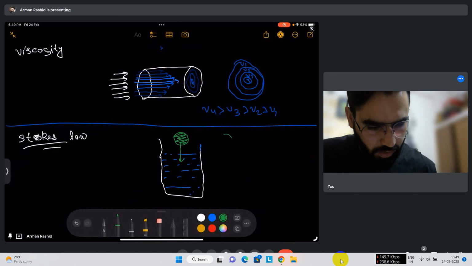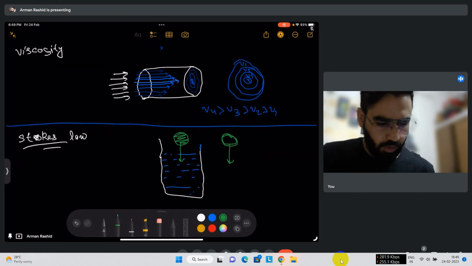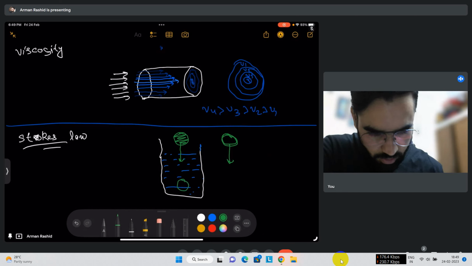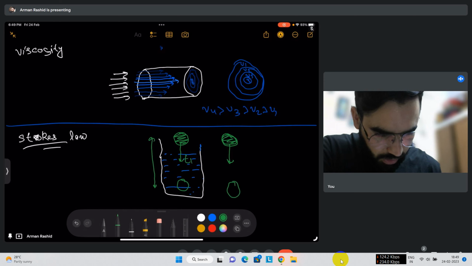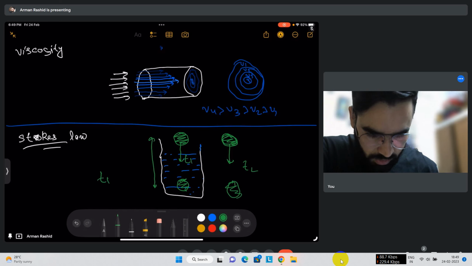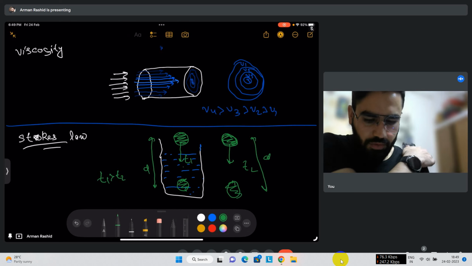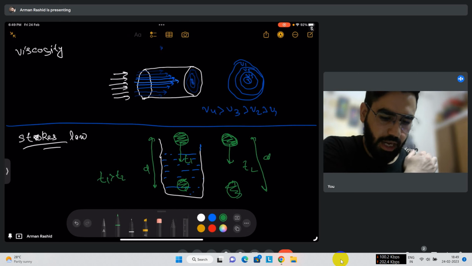If you take the same ball in open air and drop it, and this ball reaches here in total time t1, and the other ball reaches here in total time t2, we will always see that t1 is greater than t2 for the same distance. That means the ball doesn't fall as fast in a viscous fluid as compared to that in the air.